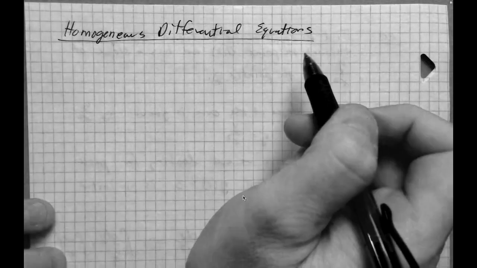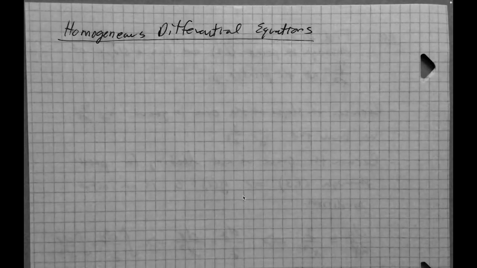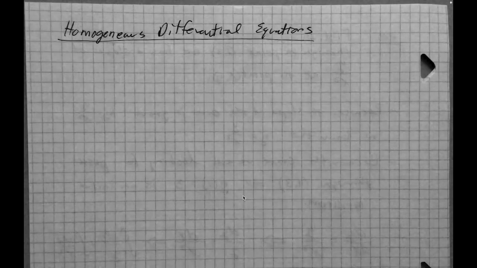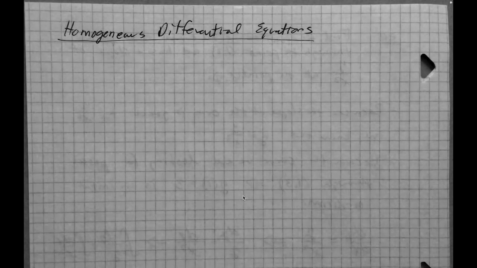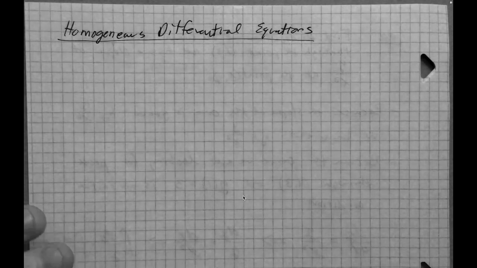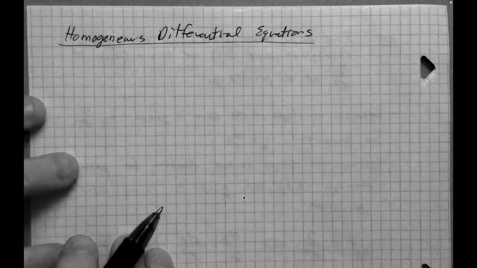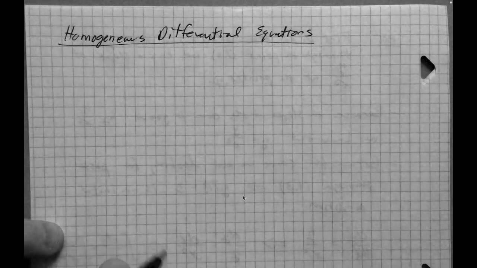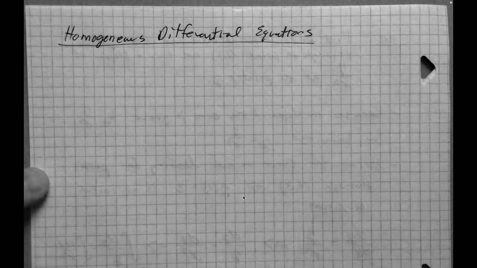Some differential equations may not be separable in terms of x and y. Sometimes you'll get a differential equation and there's no way to separate x and y. But there are tricks we can do to make them separable. We may be able to change variables and create a separable differential equation.